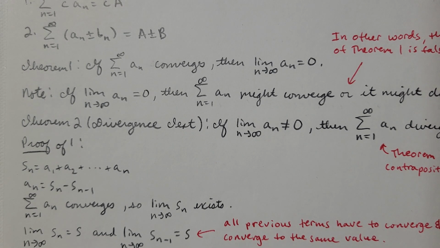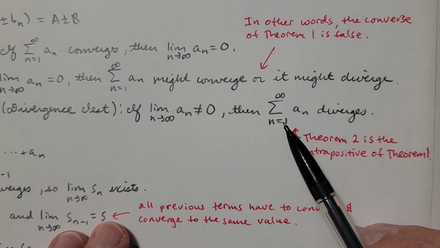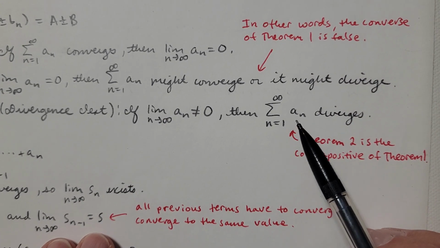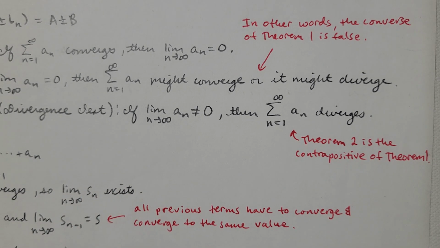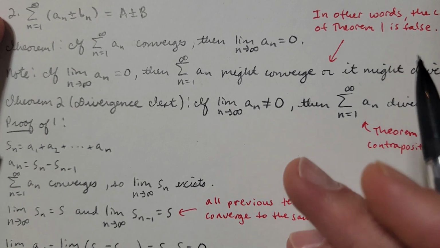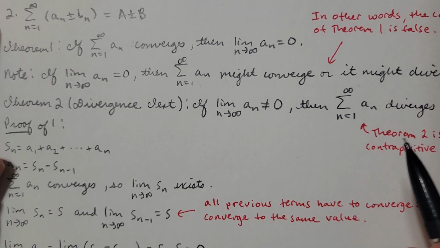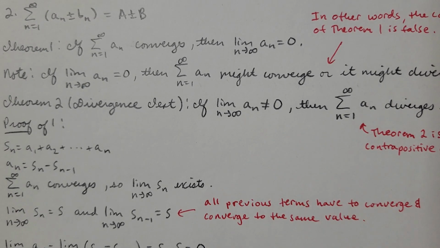It says that if the limit as n approaches infinity of the sequence a sub n is not 0, then the summation as n equals 1 to infinity of a sub n diverges. That will always happen. Now, if you switch the statements, if you get a divergent series, that doesn't mean anything.